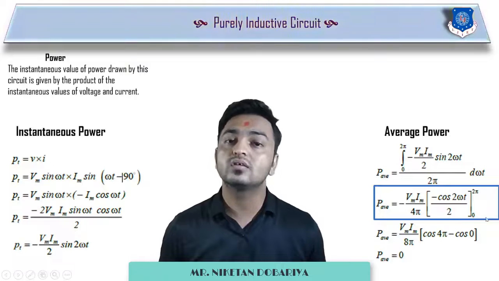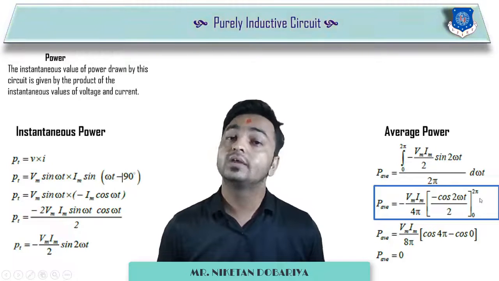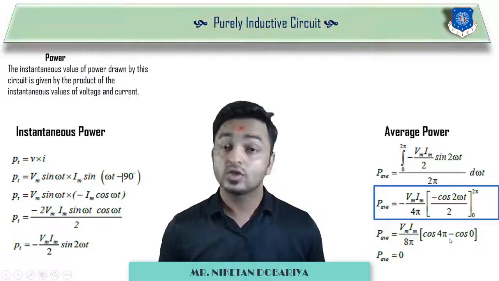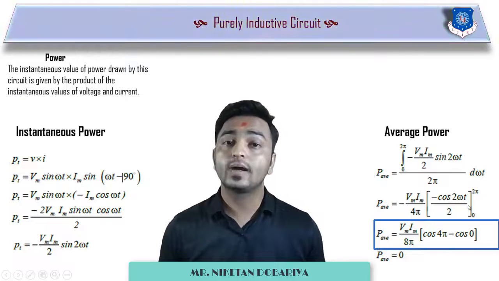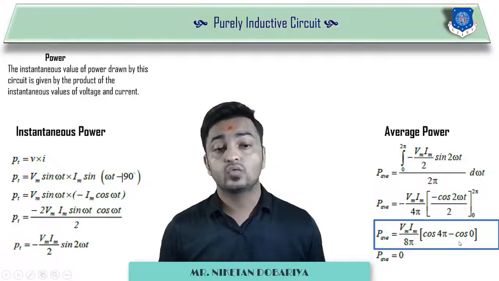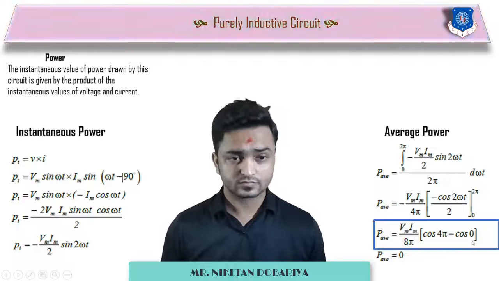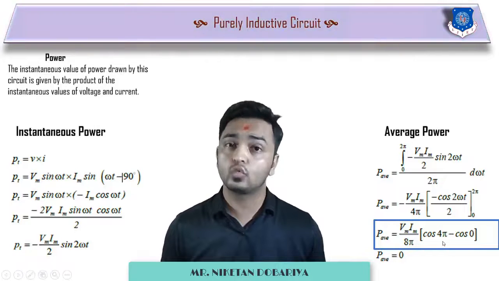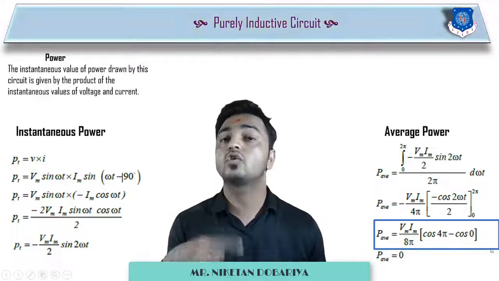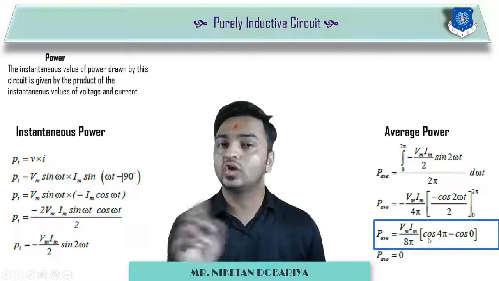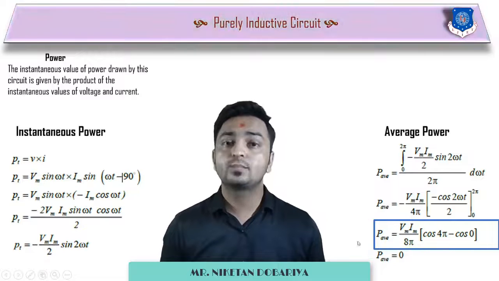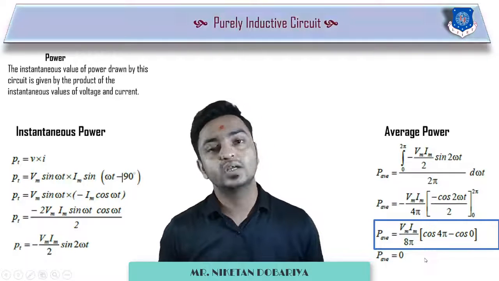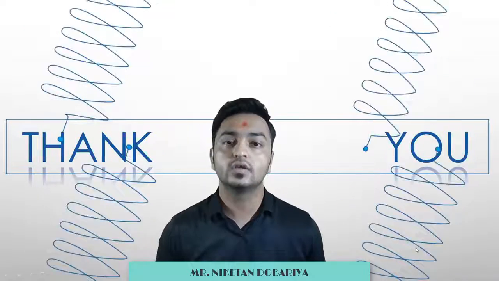If we put in the range 0 to 2 pi, in the bracket we have cos 4 pi, and for the second limit, which is 0, the second term is cos 0. The value of cos 4 pi is 1, and the value of cos 0 is again 1, so 1 minus 1 will be 0. That's why the average power for this circuit is going to be 0, as mentioned over here.